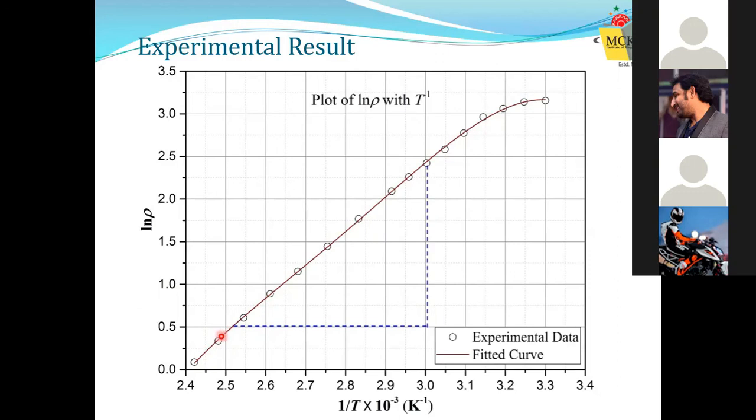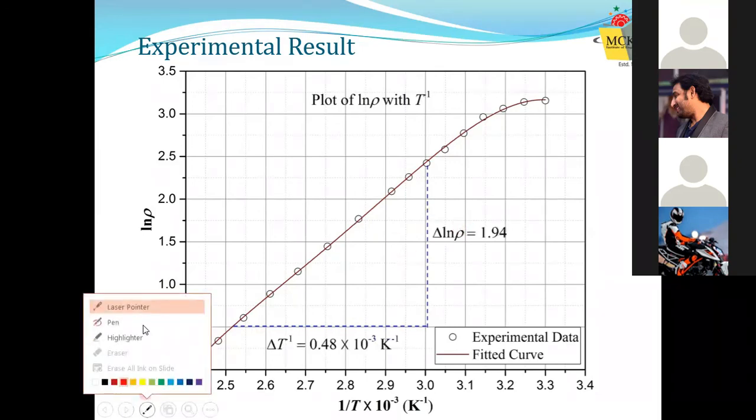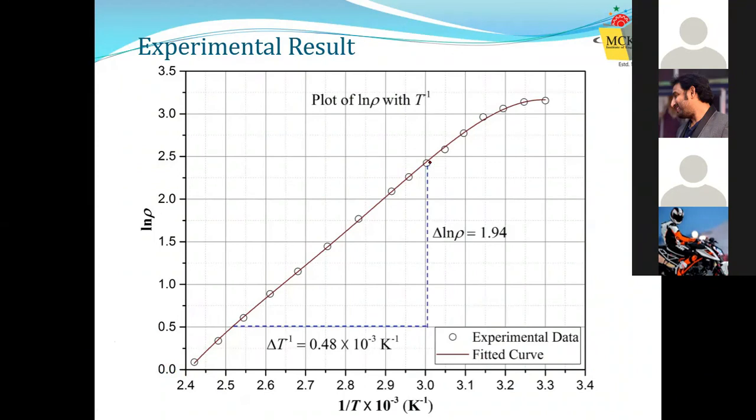So if I take this triangle, then what is the slope? This part, this length, I can easily calculate from my graph. That will be delta ln rho. And in my case, it is 1.94. So this length is delta ln rho.